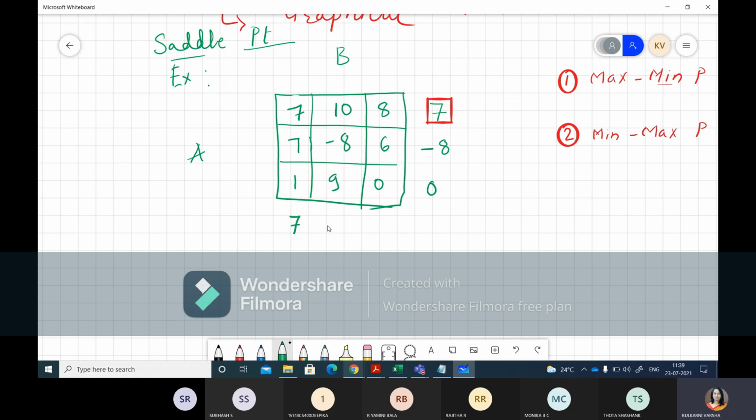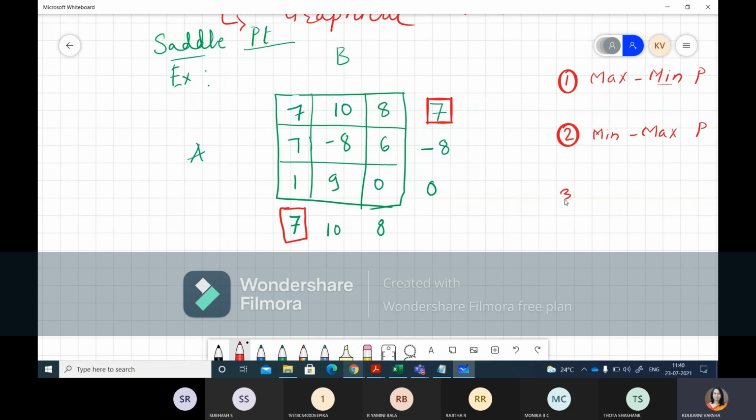From this column, 10 is maximum. From this column, 8 is maximum. So we got all the maximum values. Now from these, find the minimum one. So from the row minima we got 7, and for the column maxima we also got 7.